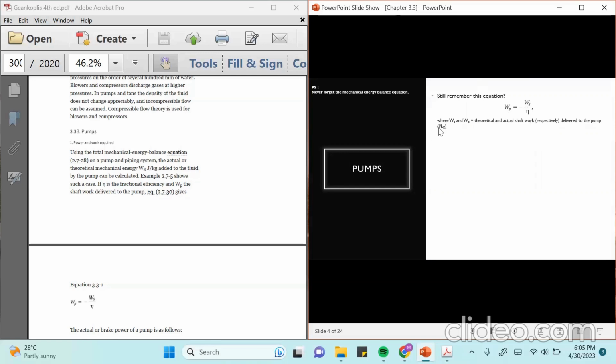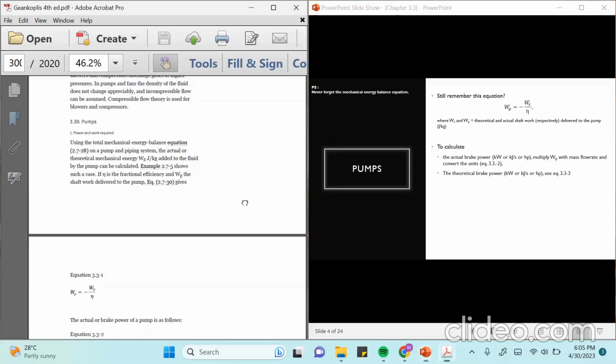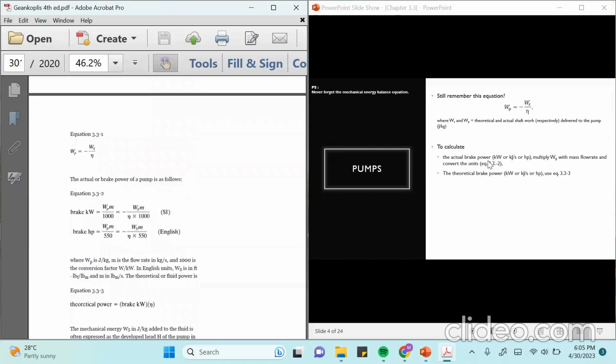And both this Ws and Wp have the unit of joule per kilogram. Now, to calculate the actual brake power, because usually this is the actual shaft work. However, if we want to buy a pump, usually they will not say the actual shaft work. We will not use this term. We will use the brake power.